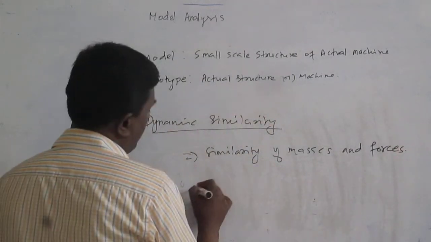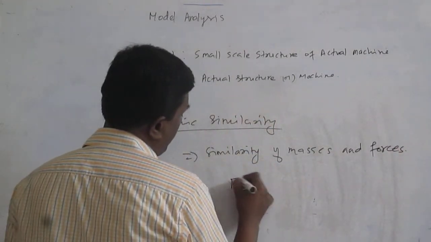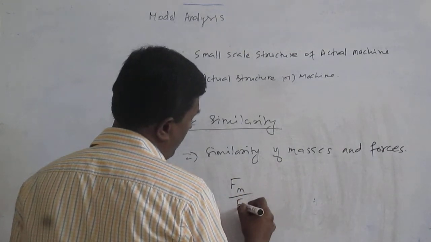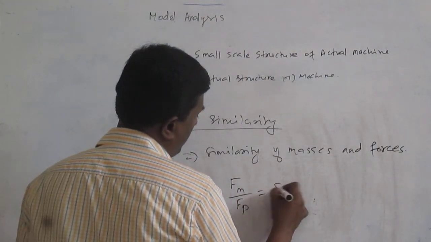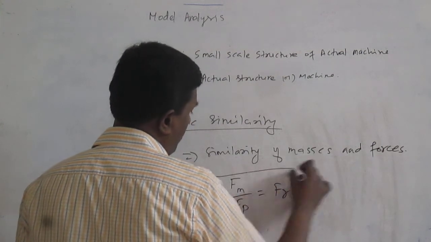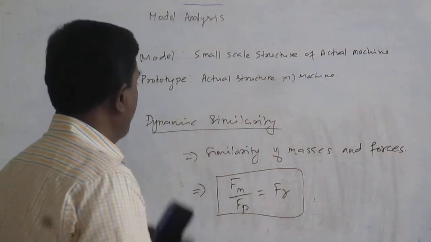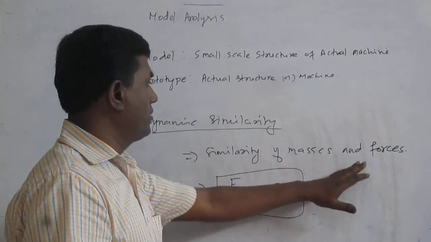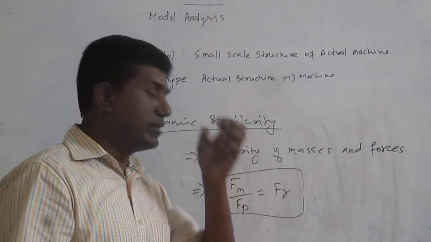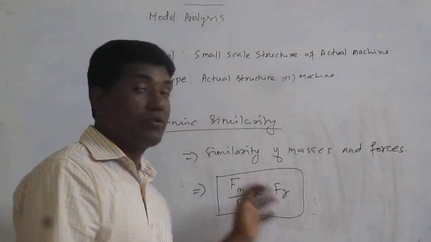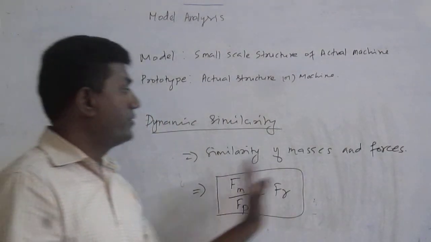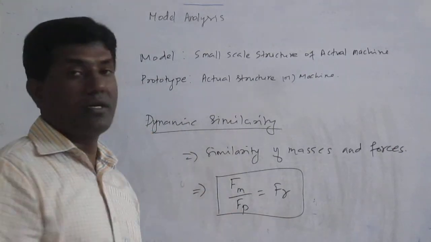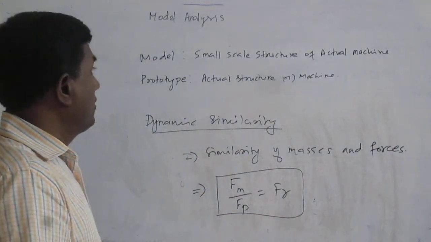So it means force in the model divided by force in the prototype is nothing but the force ratio. So it should be satisfied in the case of dynamic similarity. So with respect to the forces, we have different kinds of forces. Those forces should be taken into account while satisfying the dynamic similarity.